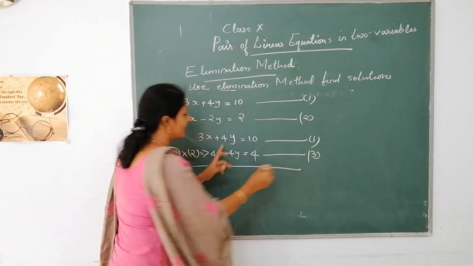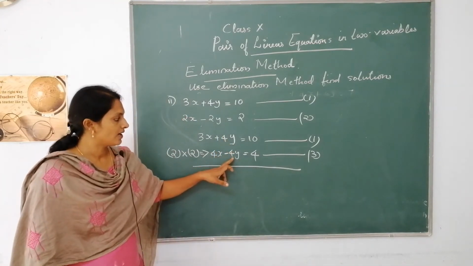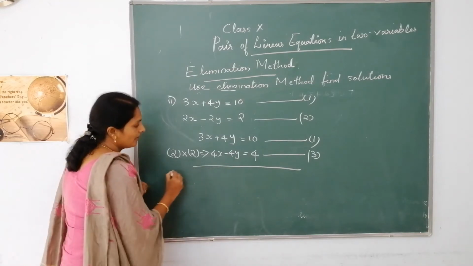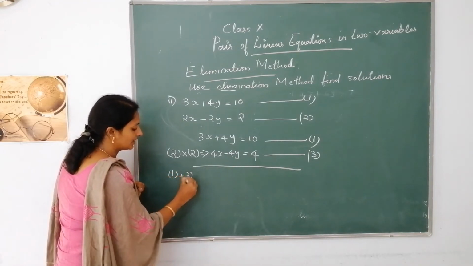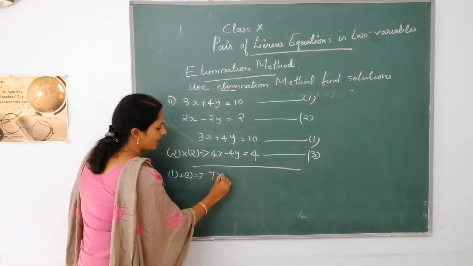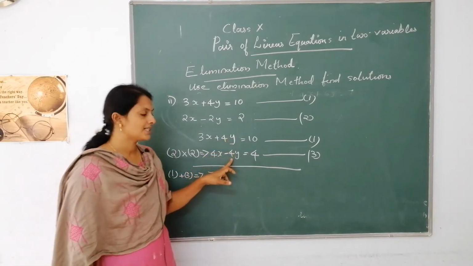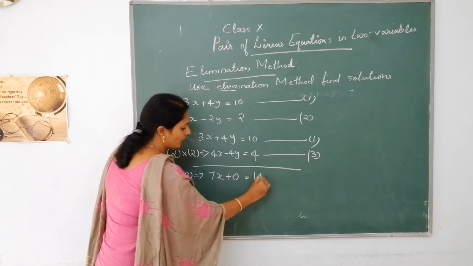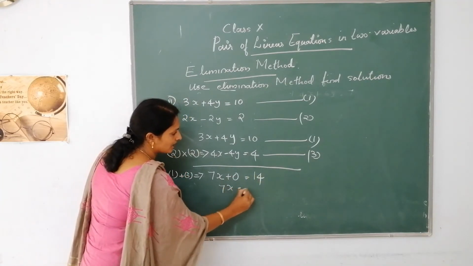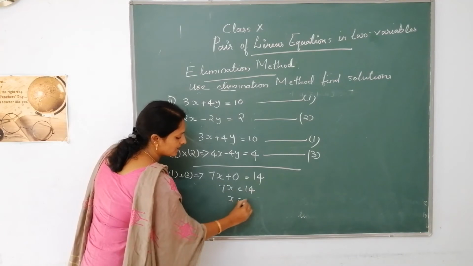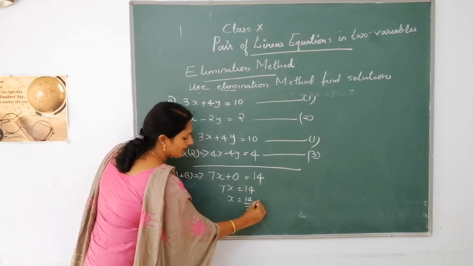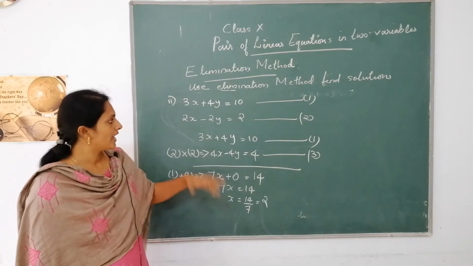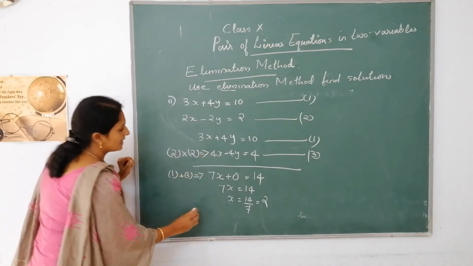Then we add the equations, and the variable y is eliminated. Adding 1 plus 3, that is 7x, and 4y plus negative 4y becomes 0, and 10 plus 4 is 14. Then 7x is equal to 14. Therefore x is equal to 14 by 7, that is 2. Then substitute this value in any of the equations.